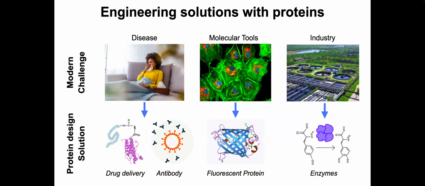Inspired by this, the field of protein engineering is really motivated to develop protein solutions to these modern challenges. How can we take inspiration from the way that these proteins actuate processes naturally and use them to solve new modern challenges? For example, in disease, can we develop these drug delivery agents or antibodies? Can we use them as molecular tools?